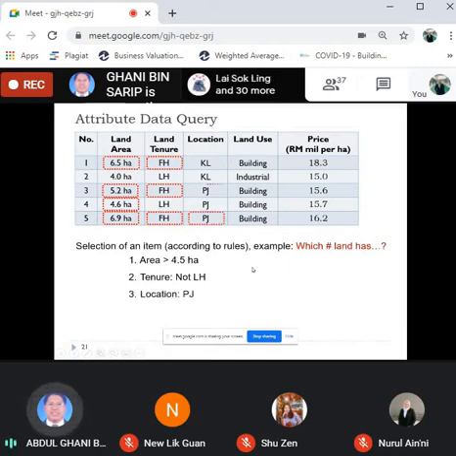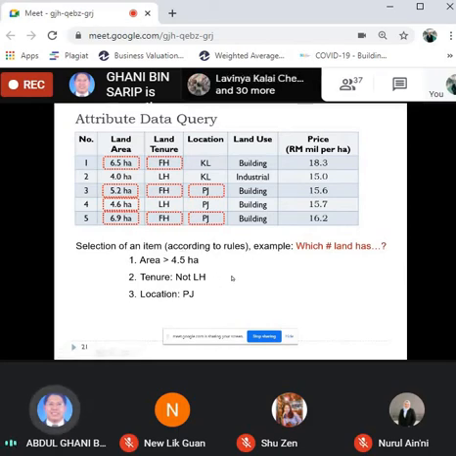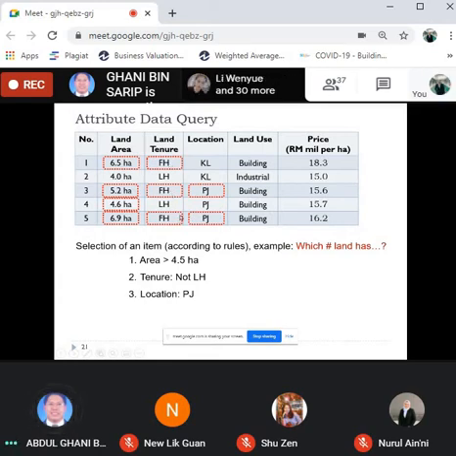And then further, we could also ask the software to tell us which particular property is located in PJ. So from 3 items, it comes down to 2 items.